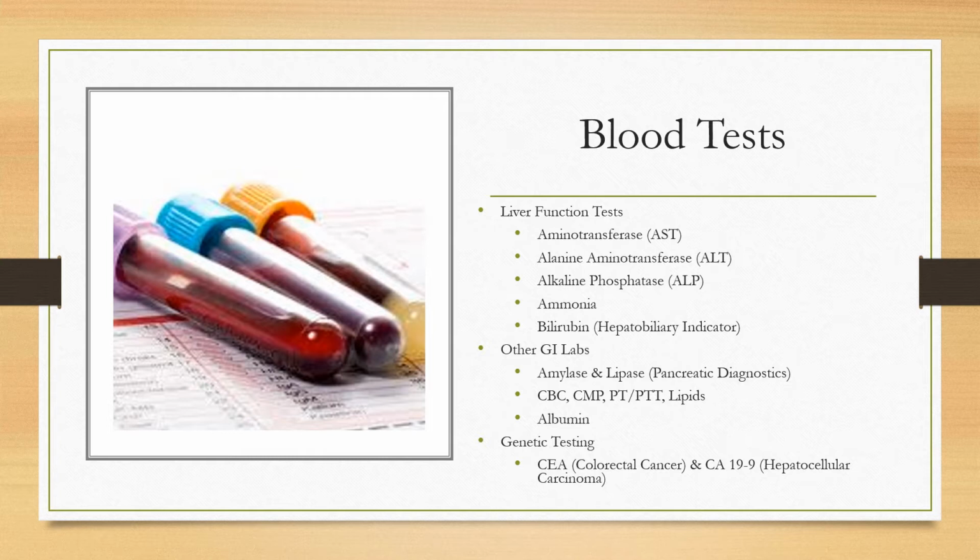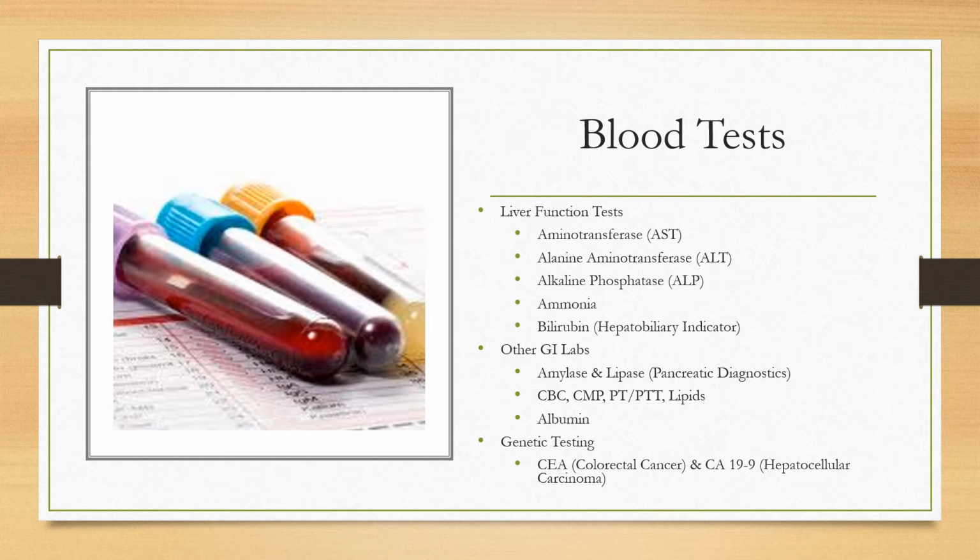Bilirubin is a breakdown product of red blood cells. Red blood cells are destroyed in the spleen, and the heme group of the hemoglobin is converted to bilirubin, which is normally secreted into the biliary system.